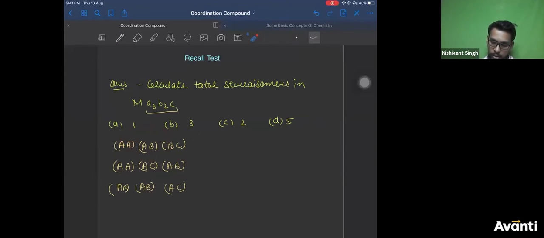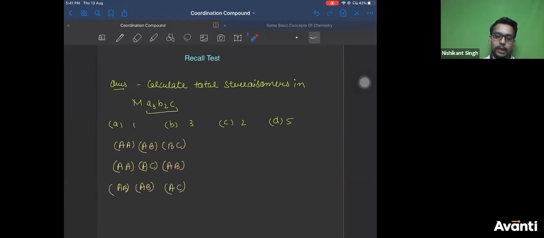Now keeping BC constant, A with A, A with B, you'll get AA and AB, the same molecule. Okay? So basically you are going to get only these 3 molecules.